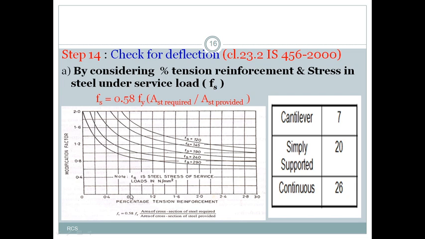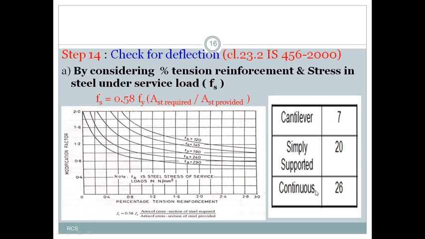For a particular value of percentage of steel and a particular value of fs, we can read the modification factor on the y-axis. And these are the basic values, or I can say stiffness values, for different types of beams. For a cantilever beam, the basic L by D ratio is 7, for a simply supported beam 20, and for a continuous beam 26.